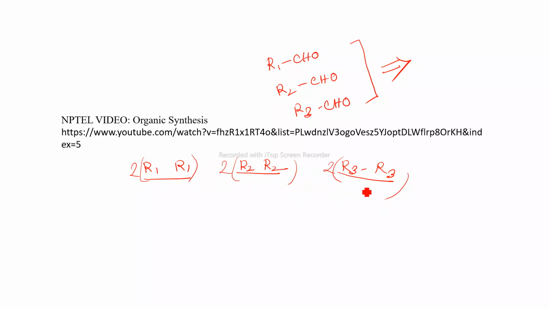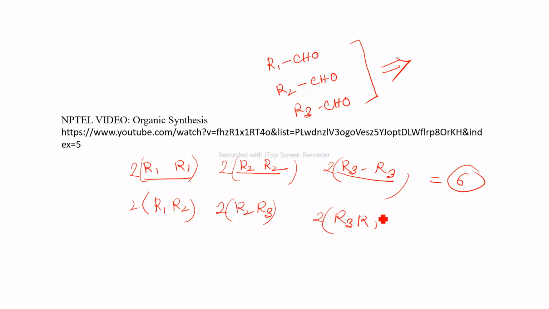So total self coupling will be 6. Now consider R1 R2, R2 R3, and R3 R1, and again every time 2. So again 6. So self-coupled products 6 and cross-coupled products 6. So total we'll get 12. Is it clear or not?